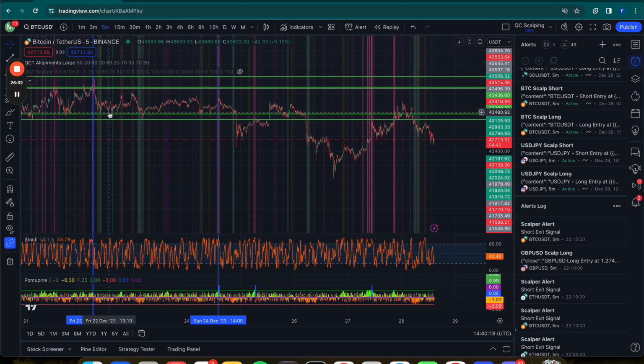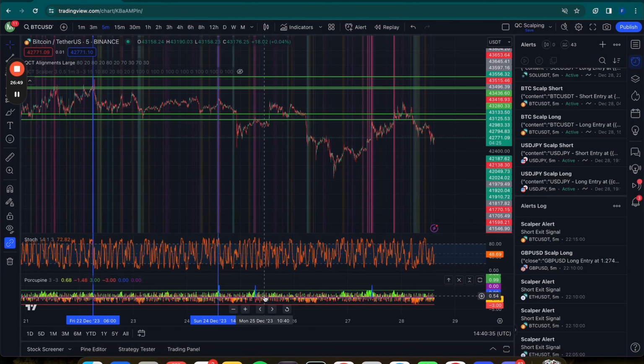And this is, number one, good to look at if we look at the market bias when we're trying to trade this, right? So you can align this with some sort of bearish bias together with the Porcupine indicator, which by itself gives you 5 confirmations, because you're looking at 5 different perspectives of the stochastics, plus you have 5 other confirmations in these alignments, so 10 confirmations in total.